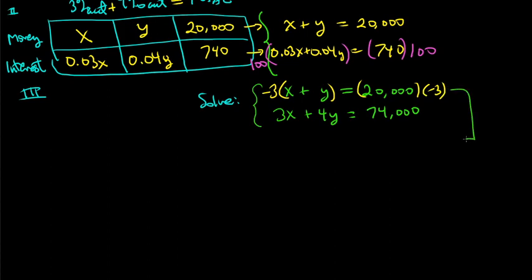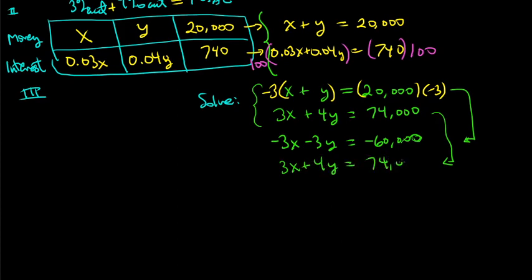So multiply the first equation by -3. And we get -3x minus 3y equals -60,000, right? And we can leave the first equation alone. In fact, we didn't even have to copy it down, but I think it might be better to do that.